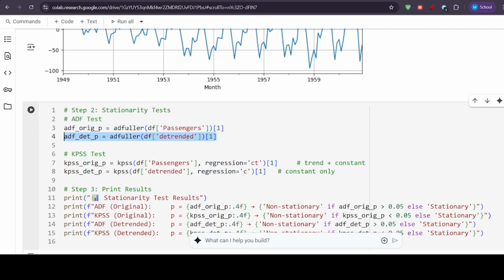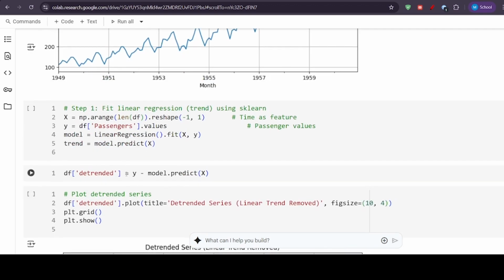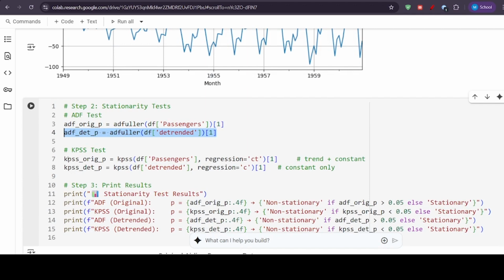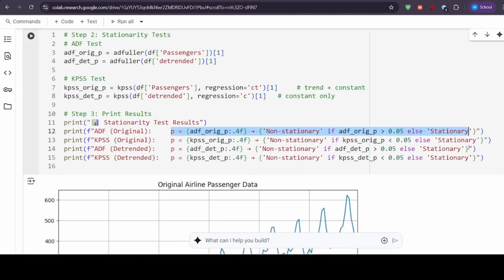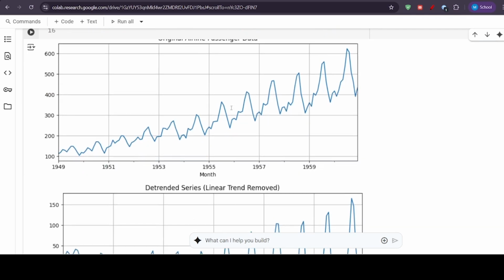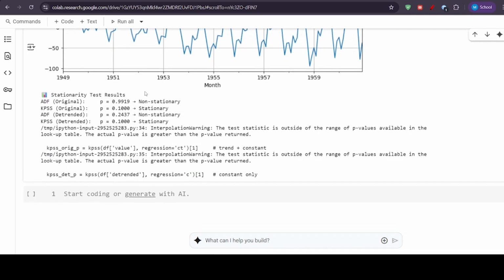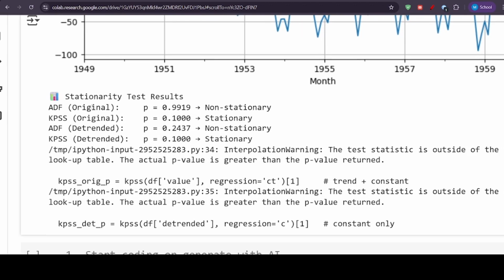Same thing we are doing for the KPSS test, and it will print all of this. So it's just a better representation of what we did earlier, plus we are testing on my detrended one also. The result we get is that ADF is saying the original series was non-stationary, and KPSS was telling that the original series was stationary.